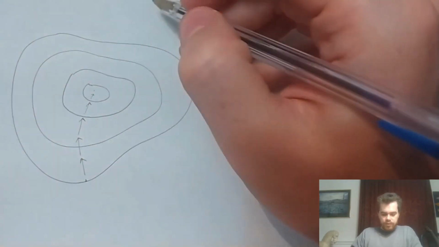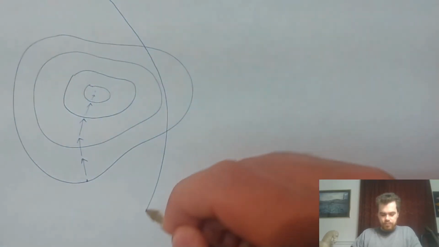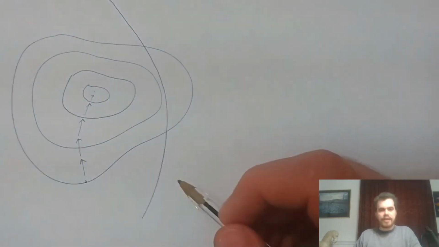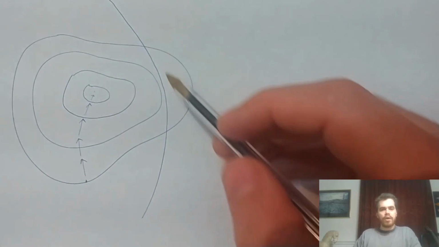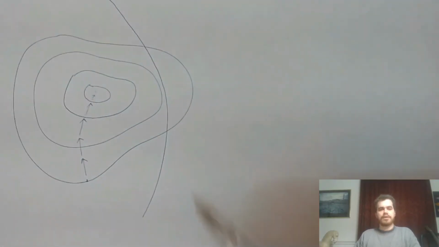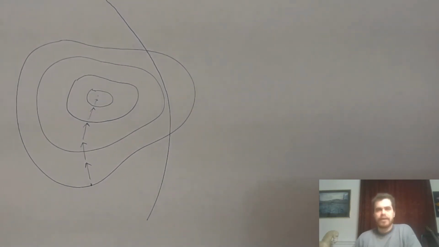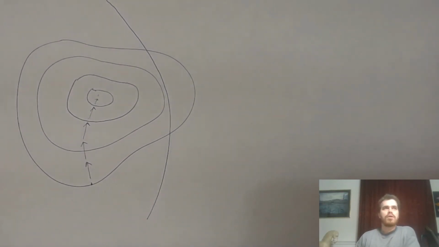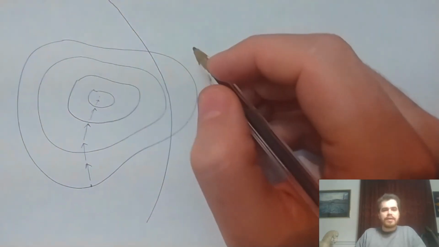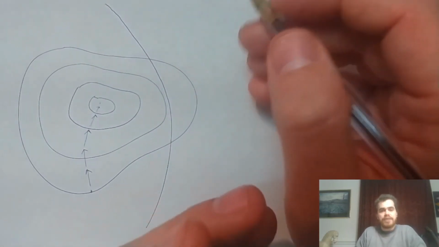Now, let's say that we have a constraint. And that constraint is we still want to find a maximum point, but it has to be somewhere on this line. How do we incorporate that? Well, to think a little bit more concretely about this, let's write down an equation that represents the constraint.